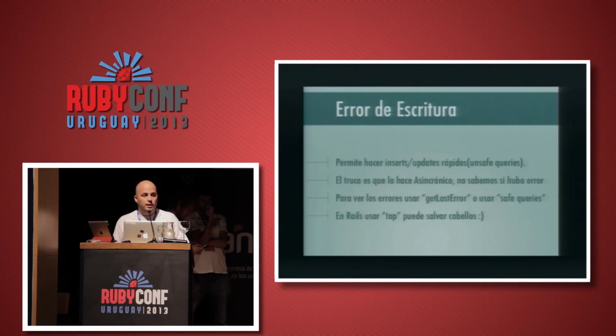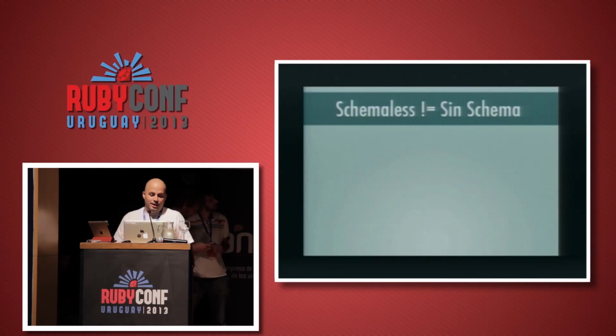Using safe queries makes this behave like a relational database. This is a bit slower. And for those of us who use Rails, the tip is to use tap, which will save us a lot of trouble.